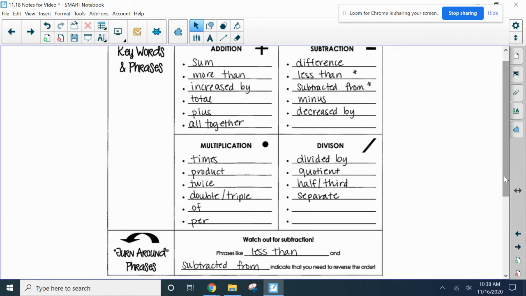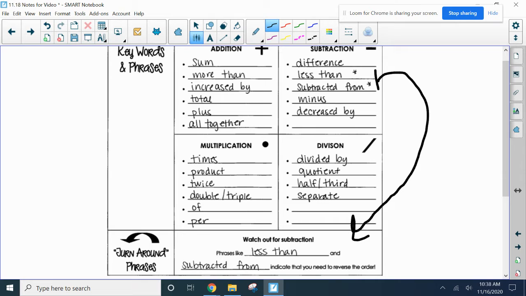Subtraction, the word difference means the answer in subtraction, so that's going to allude to subtraction. If you look at these next two, I have less than and subtracted from. Those are both going to talk about subtraction, but if you see their stars, the words like less than and subtracted from are going to be in the reverse order.